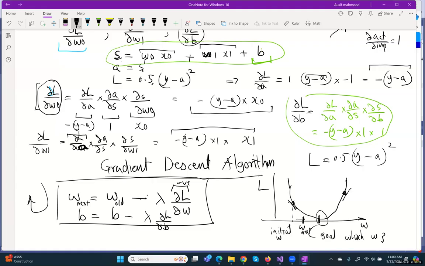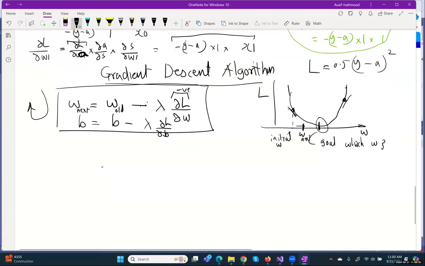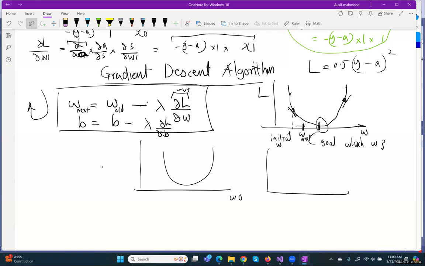So what I'm trying to say is, if we plot with respect to W0, or W1, or B, in our simple single neuron case, the loss will turn out to be a parabola.